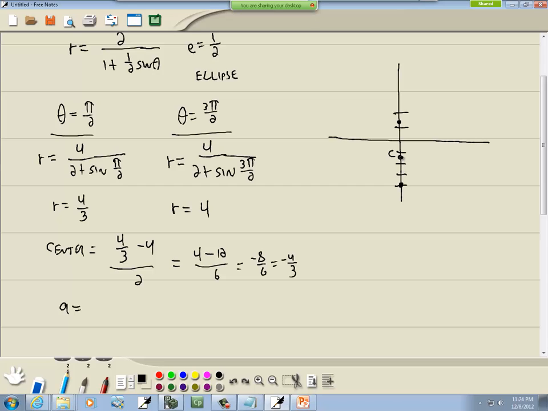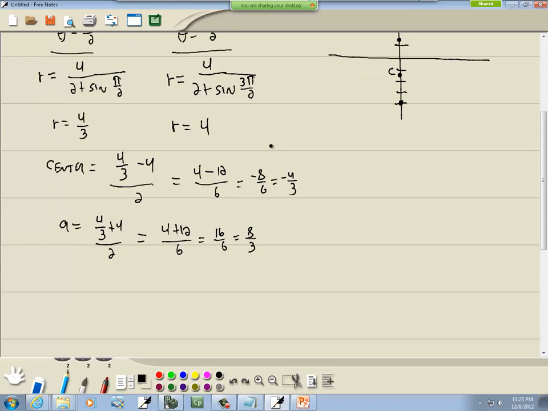Okay, well, if I think of these as absolute values, this would be a positive 4/3, and this one would be a positive 4. I know that seems weird. Multiply everything by 3, so that gives me 4 times 3 is 12, 2 times 3 is 6, so that gives us 16/6 or 8/3. Assuming I added correctly. Okay, I think that's right.